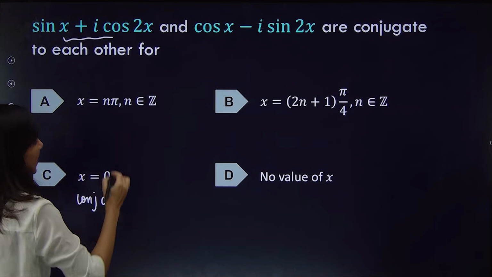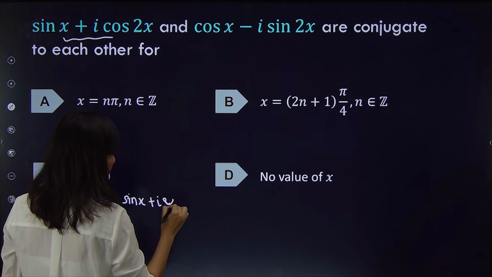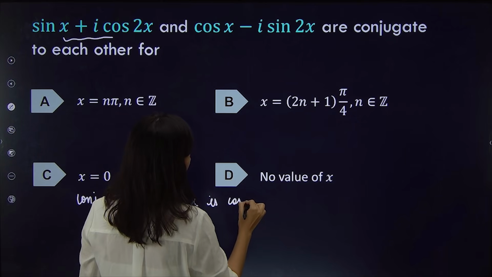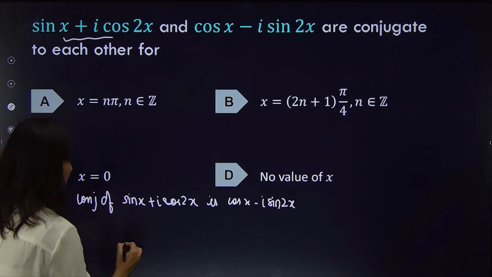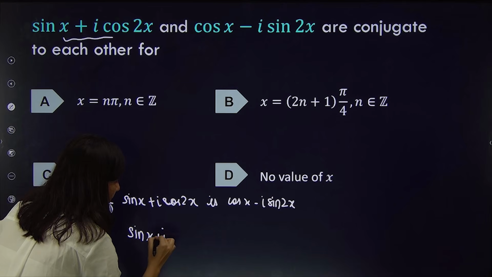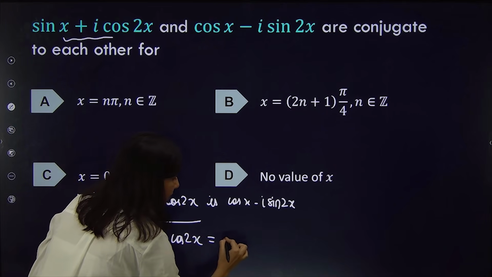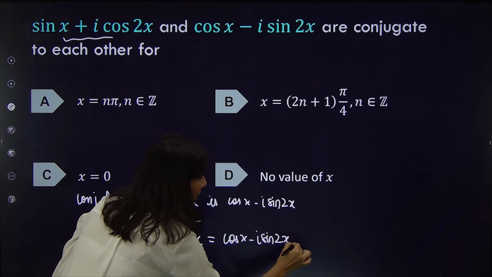So basically what they are saying is the conjugate of sin x + i cos 2x is cos x − i sin 2x. Yes, correct. So the conjugate of (sin x + i cos 2x) equals cos x − i sin 2x.